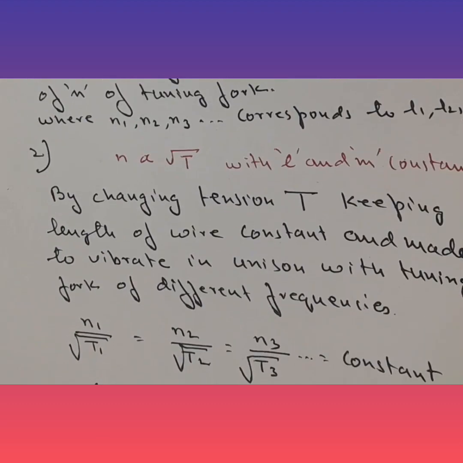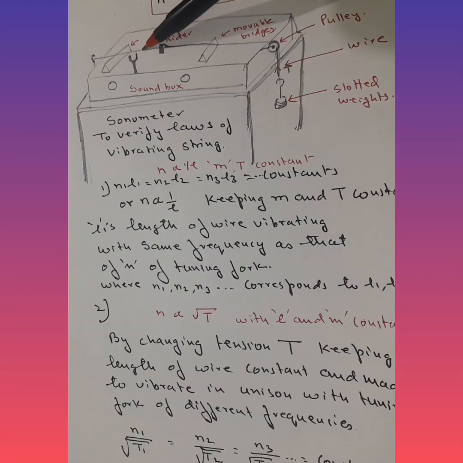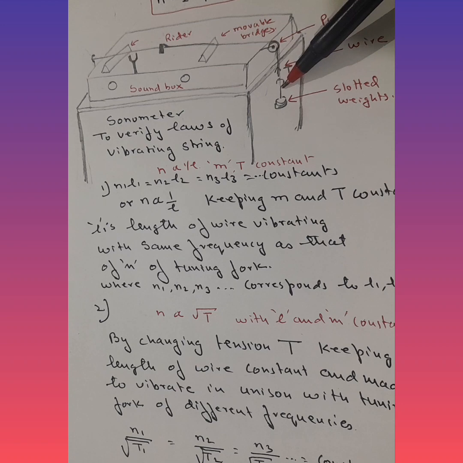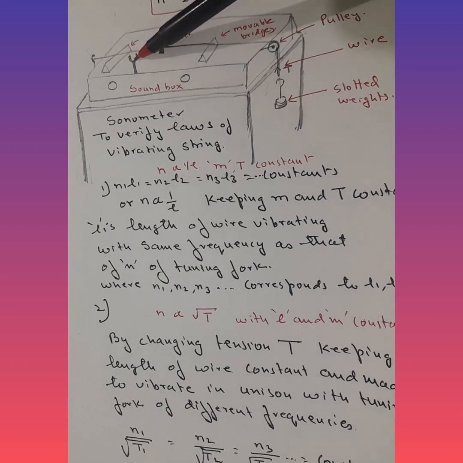Experimentally, we would have one wire fixed with mass per unit length, say M1, and the tuning fork would be the same, whatever frequency. Strike it and then put it here on the sound box. This starts vibrating. I will find out the length at which the rider drops. So for M1 we found L1.